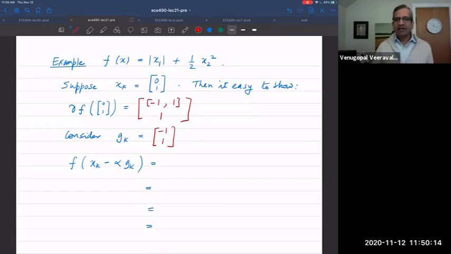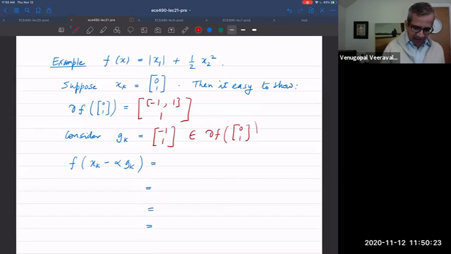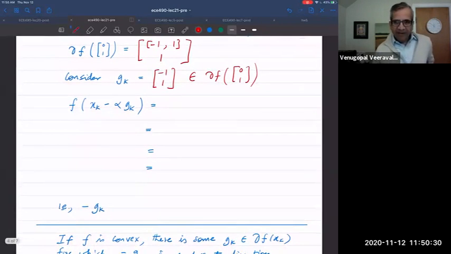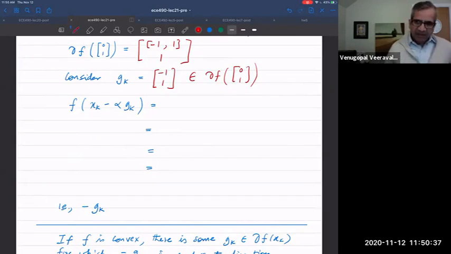So let's take gk equal to -1. This belongs to the subgradient set, so it could easily have been what I chose when I was at xk equal to (0, 1). Now let's see what happens to f at xk minus alpha times gk, where alpha is positive. This is the same as f at (alpha, 1 minus alpha).